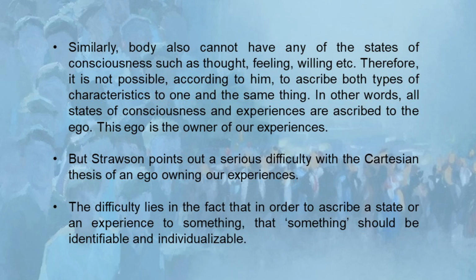But Strawson, on the other hand, points out a serious difficulty which is found in Cartesianism. According to him, there is a serious difficulty with the Cartesian thesis of an ego owning our experiences. The difficulty lies in the fact that in order to ascribe a state or an experience to something, that something should be identifiable and individuable.